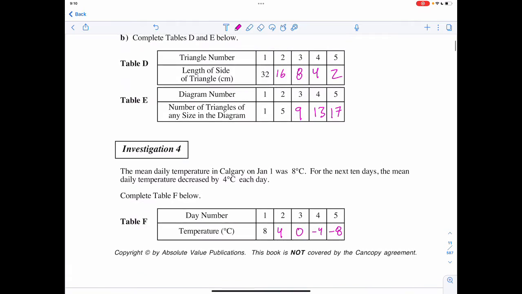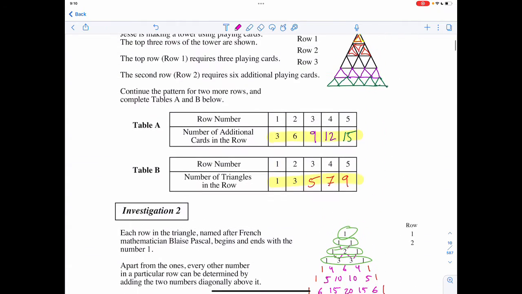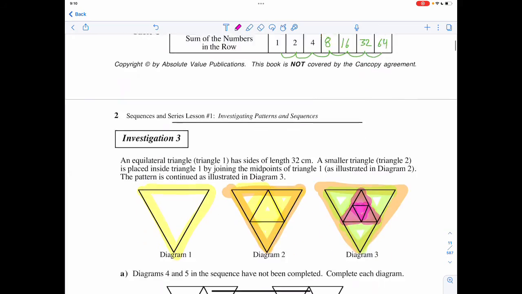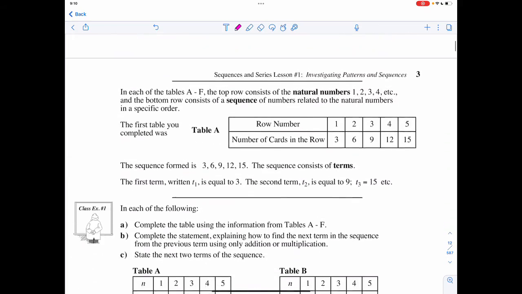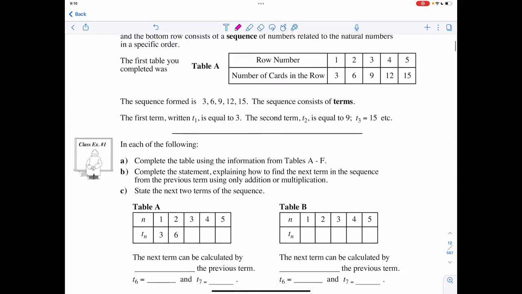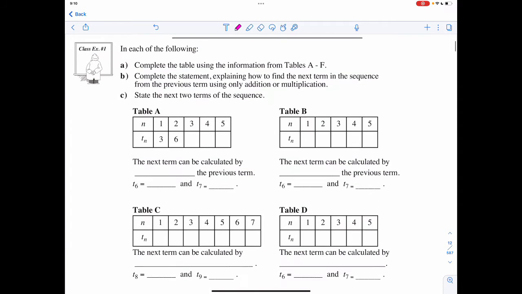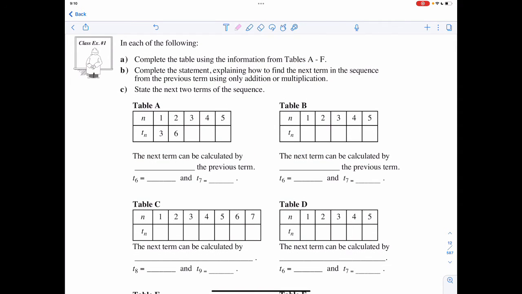So I have 6 tables that we've created from the examples we've looked at, and every number in each of them creates a pattern. So in table A, it went 3, 6, 9, 12, 15.